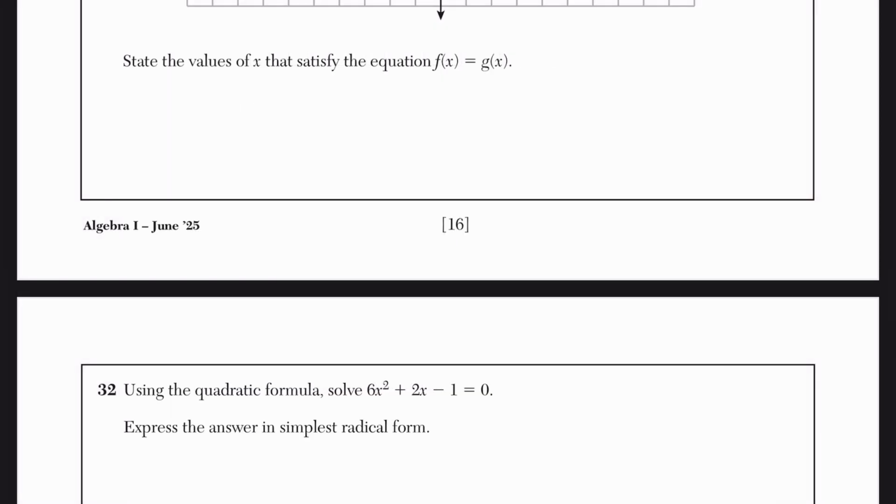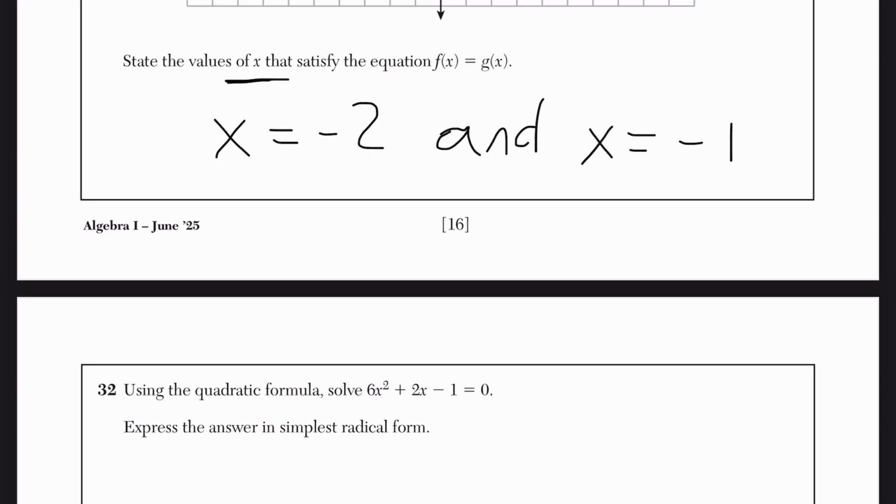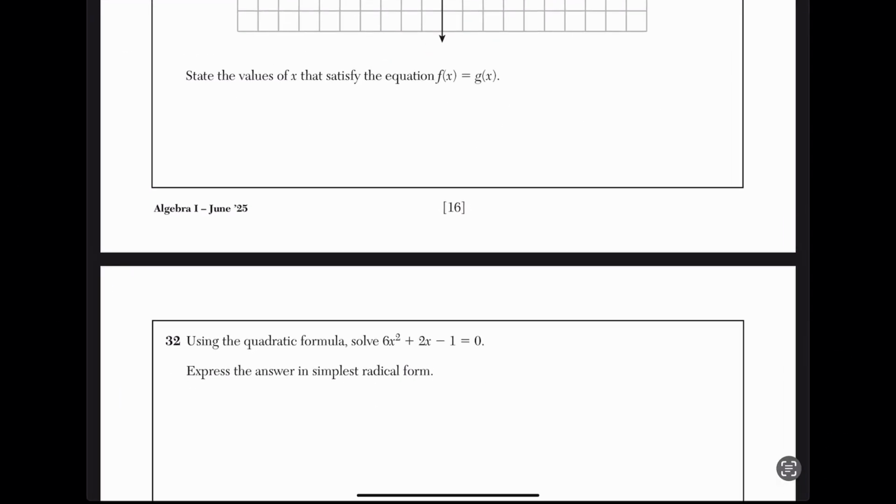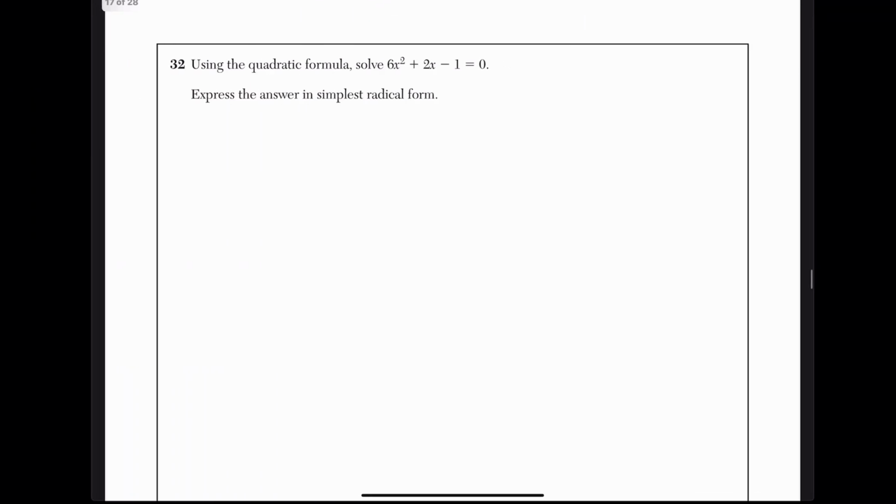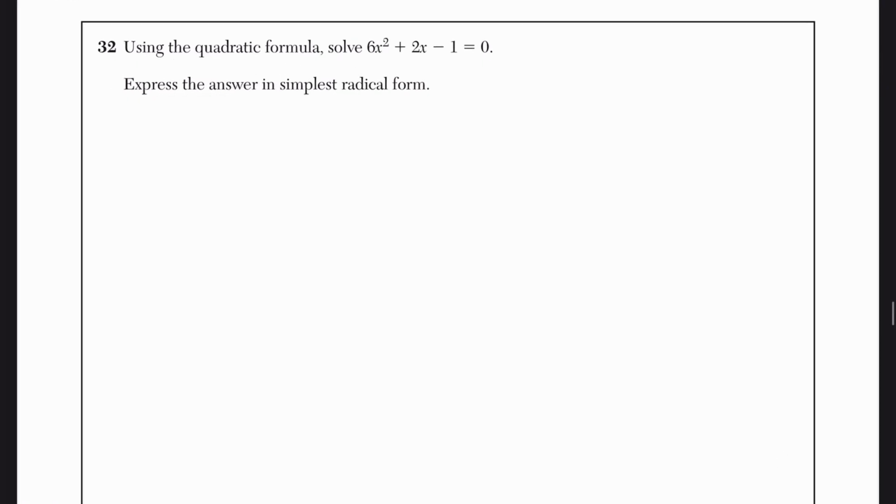As you can see, state the values of x that satisfy the equation. So that's just going to be x equals -2 and x equals -1. You get 3 out of 4 if you put the coordinates, the y values also, because it's only asking you for the values of x. It's basically asking you for the values of x that make the y values equal.